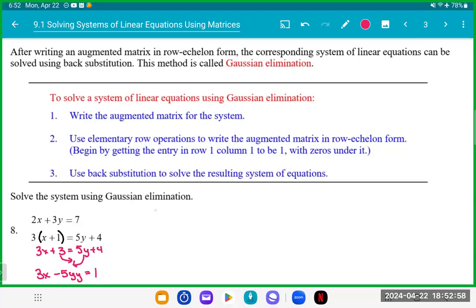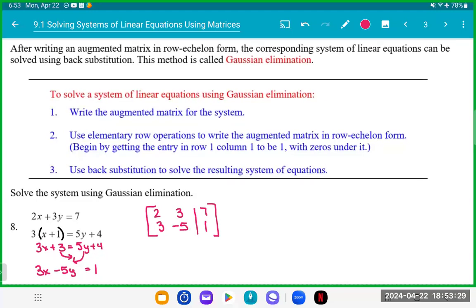Okay. So when we look at building our matrix here, our first one is 2, 3, 7, right? So that's 2x plus 3y equals 7. My second equation here is going to be 3, negative 5, 1 to give us that second equation.